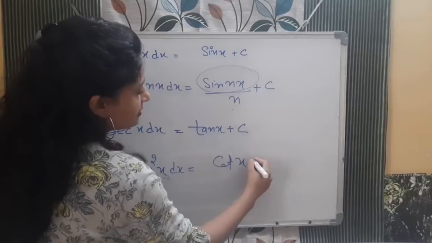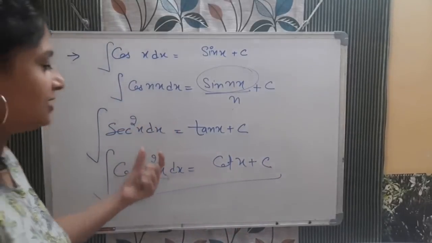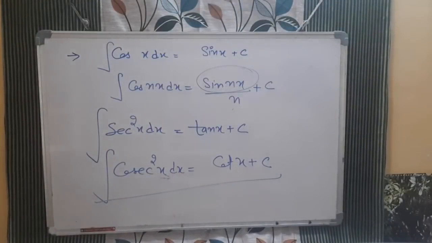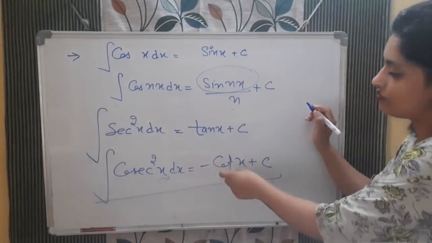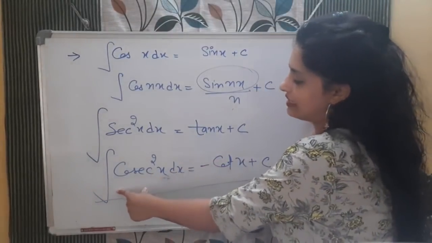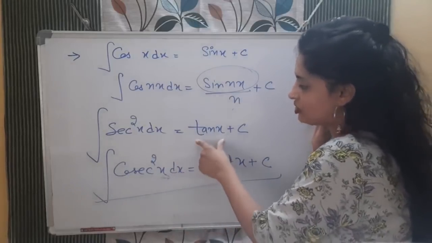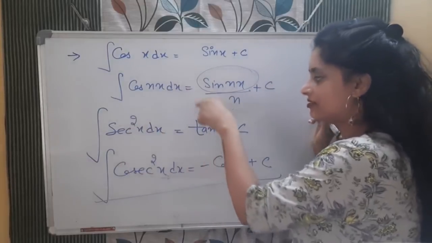Cot x plus c. These were the integrations. In case of tangent x, differentiation was secant square x. In case of cosecant square x, okay, wait, here there will be a negative sign because differentiation of cot x was minus cosecant square x. So integration of cosecant square x will be minus cot x. Differentiation of tangent x was secant square x. Integration of secant square x will be tangent x.